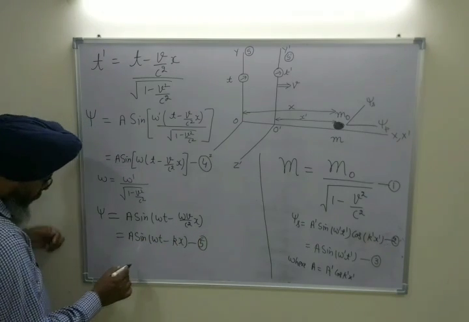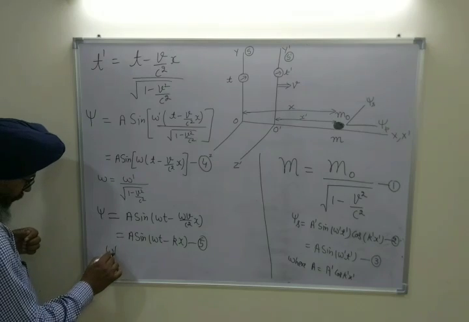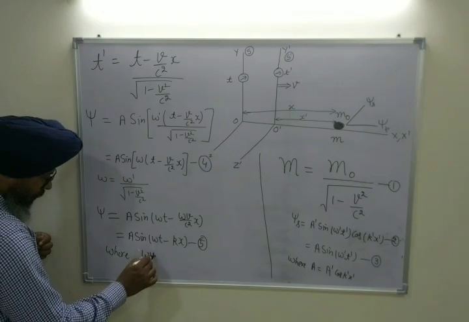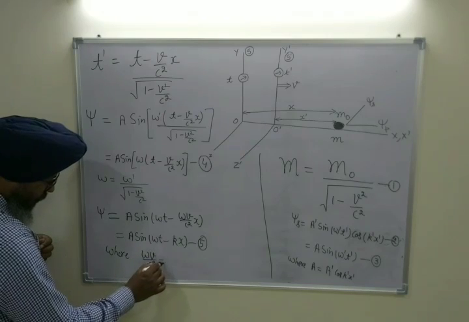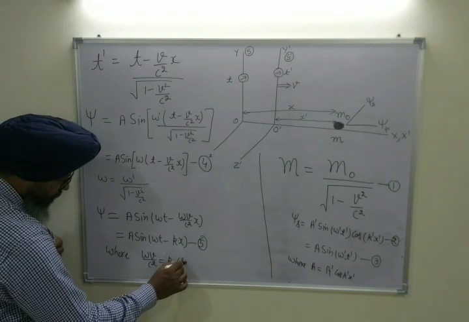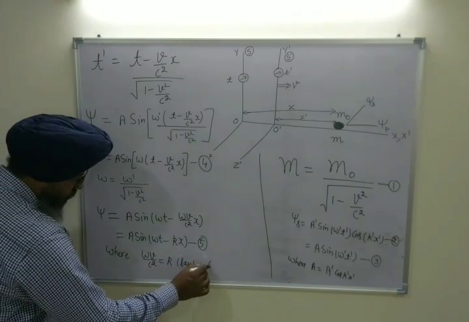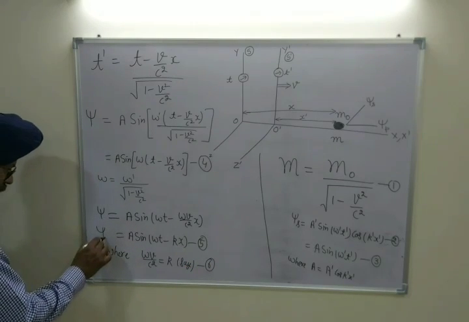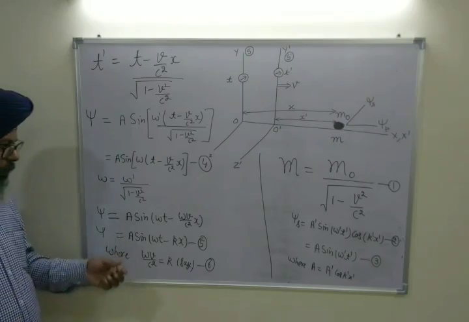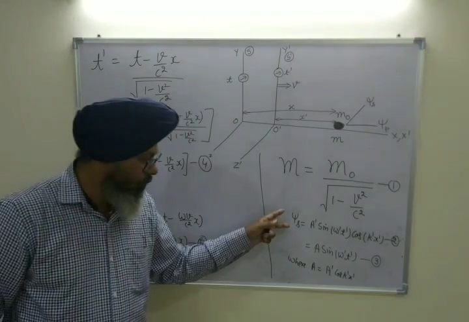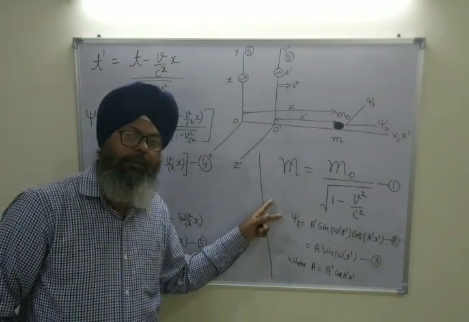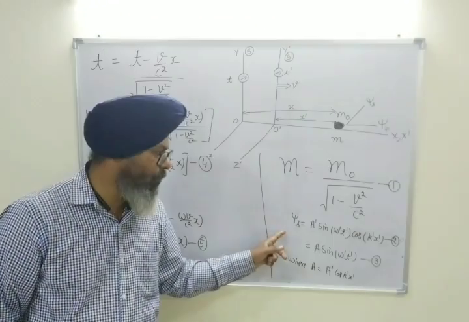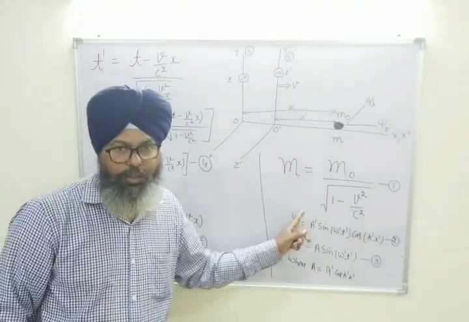Equation number 5, where I have assumed that omega v upon c square is equal to k, say. So we can see that in equation 5 we have transformed. We started with the wave function of the wave in the frame S dash, and we took its form to be the standard form of a stationary wave.